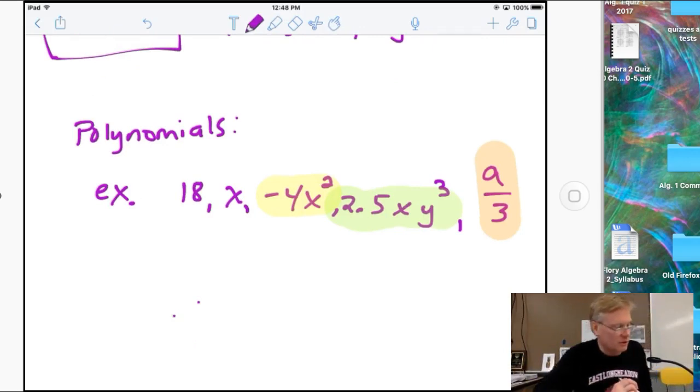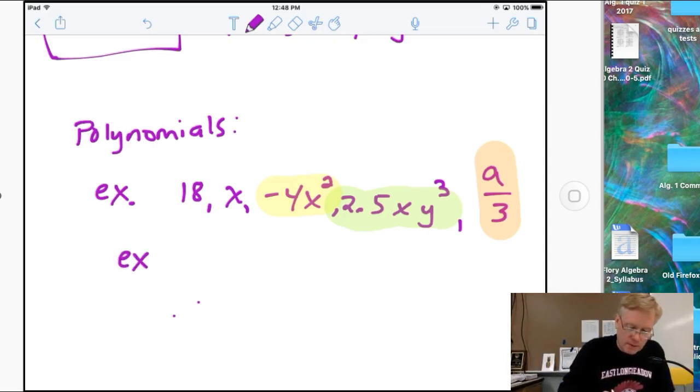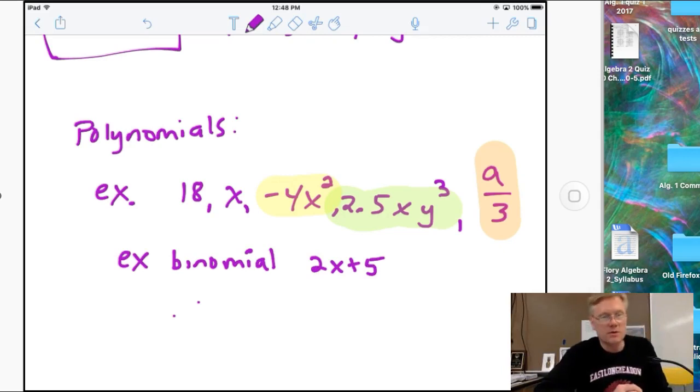We're also going to talk about the degree of monomials. Monomial means one term, poly means many, bi means two. So I'm not going to spend a lot of time on this, but an example of a binomial would be 2x plus 5. It's really got two terms in it, the 2x and the 5, okay?